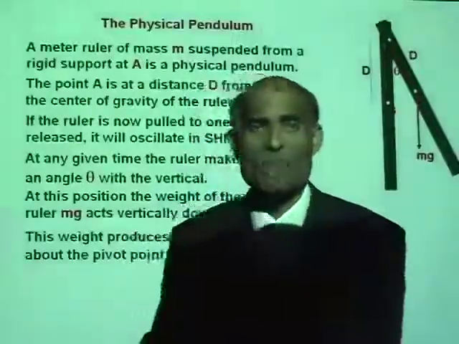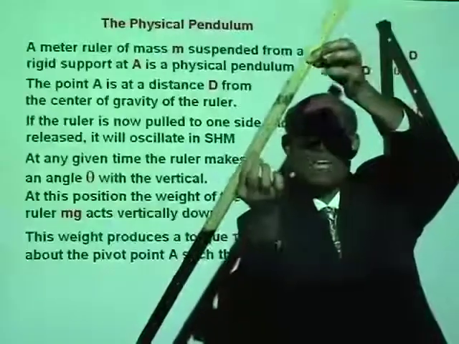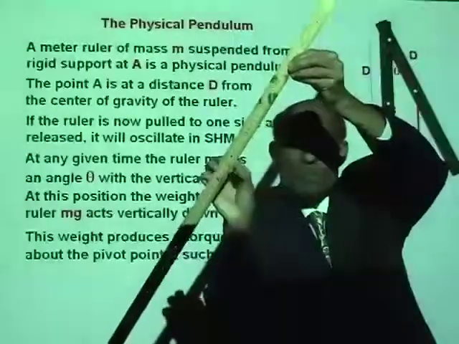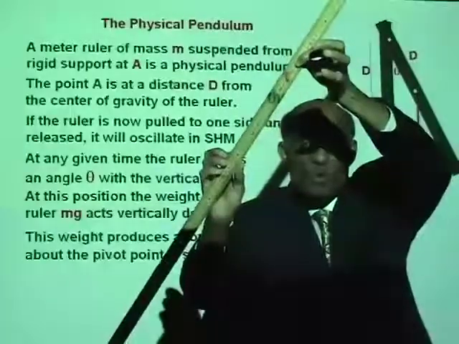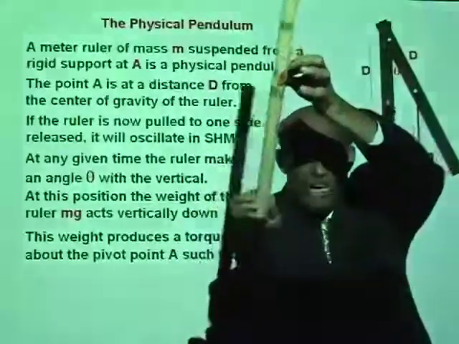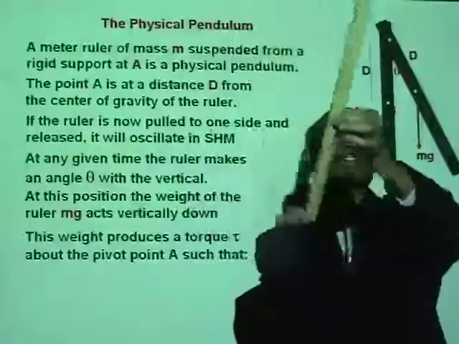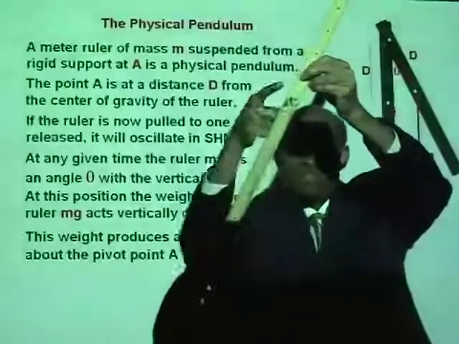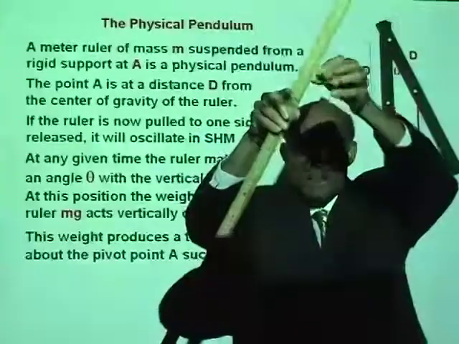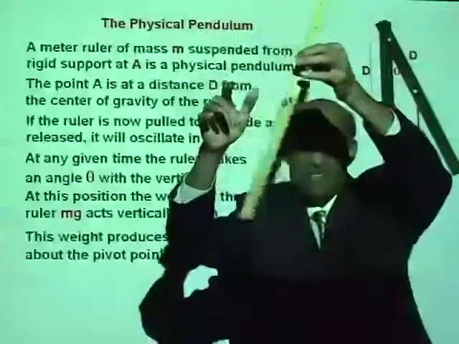You see, when the ruler is displaced, it has a weight mg. And what does that weight do? Weight wants to rotate this ruler. Rotation is produced by a torque. So this weight now produces a torque about this axis so that the ruler rotates.